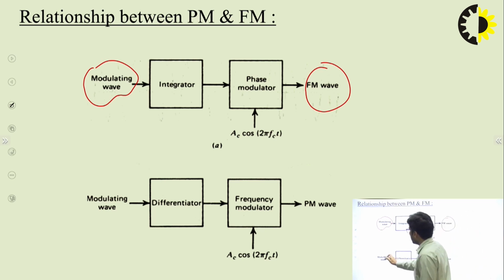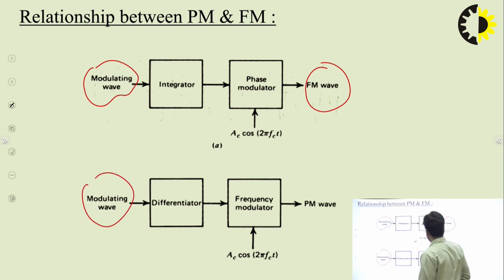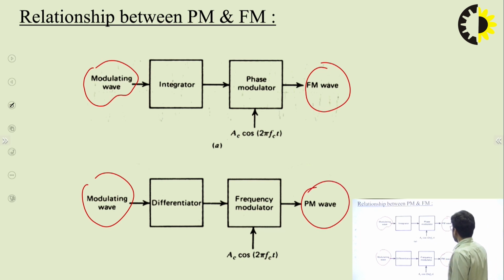That's why after passing through the integrator, we have this equation where we have a frequency modulation. And if we have another message signal and we want to make the phase modulation, we have to pass this message signal through the differentiator. Then if we apply this differentiated signal to the frequency modulator, we have a PM or phase modulated signal as well.